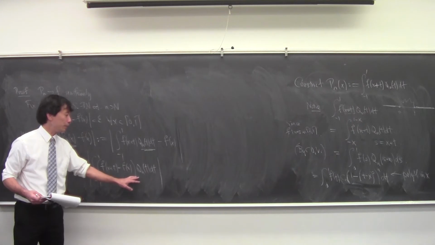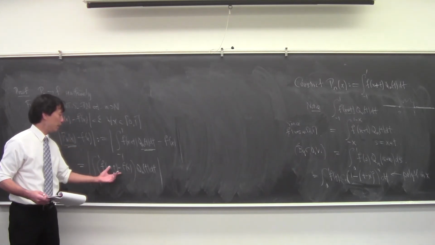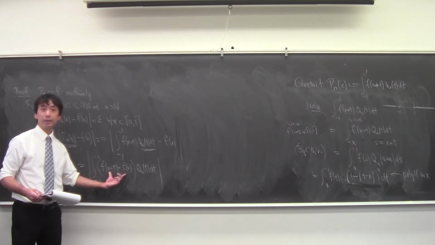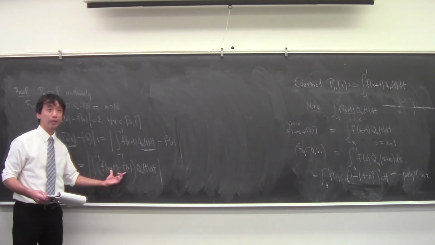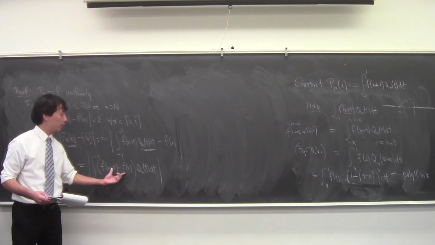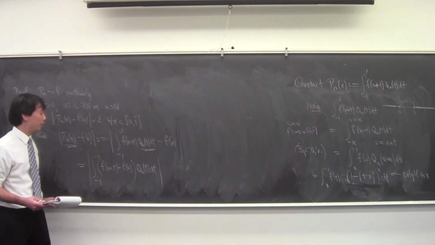Why do I like to do that? I like to do that because it allows me to take advantage of continuity. My function is continuous, and so I know I can control the size of this thing, at least within a certain neighborhood.